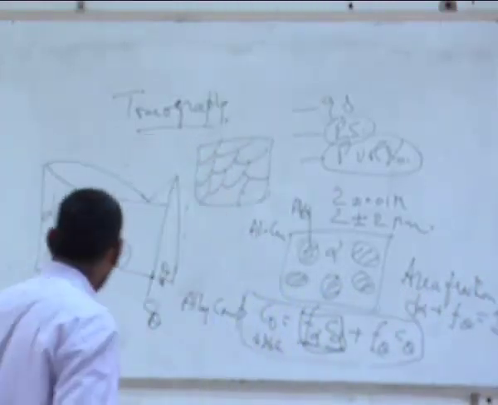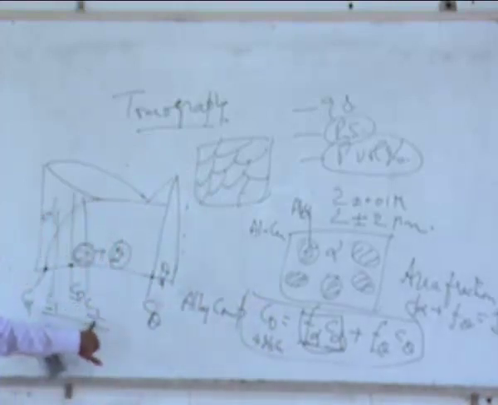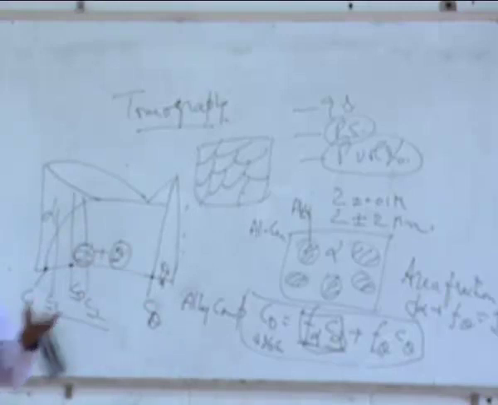Whether I choose this alloy or this alloy or this alloy, in all of them, alpha plus theta is equal to 100%. And this percentage should not be confused with the percentage of copper atoms inside the alloy. One is composition, another is fraction. You can say 20% of alpha is there, 30% of alpha is there. That percent of alpha is only a fraction of the phase.